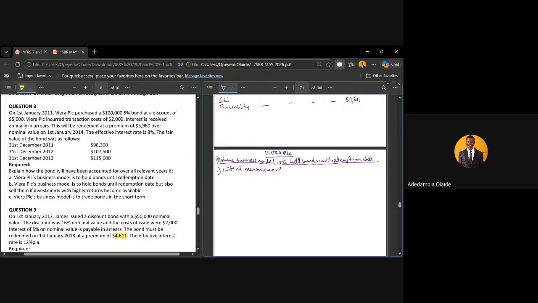So the initial measurement would be the nominal value of the bond, $100,000.